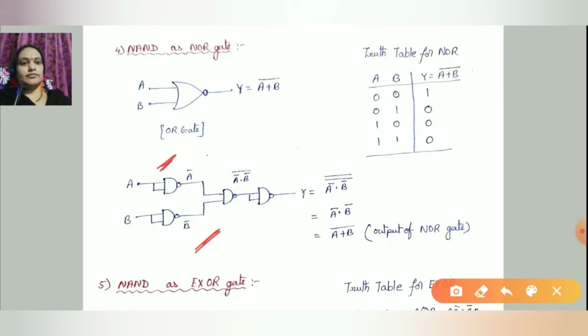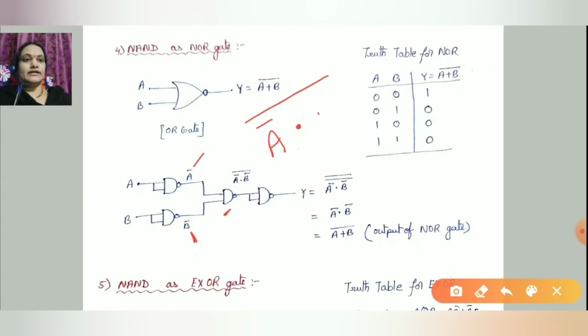That's why we got A complement here. Again for this gate also we have connected the two inputs to each other, so we will get the output as the complement of the input. Again, these two outputs are connected to this NAND gate. According to the NAND gate, the output becomes the whole complement of the product of two inputs. Here the two inputs are A complement and B complement. This expression we got here.